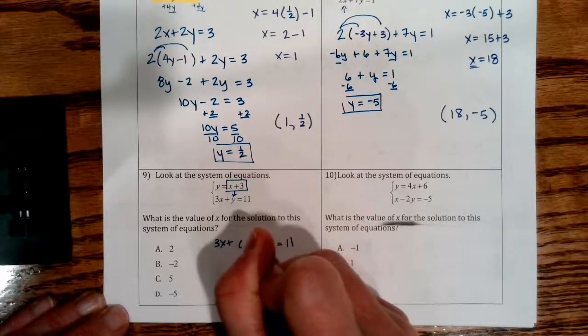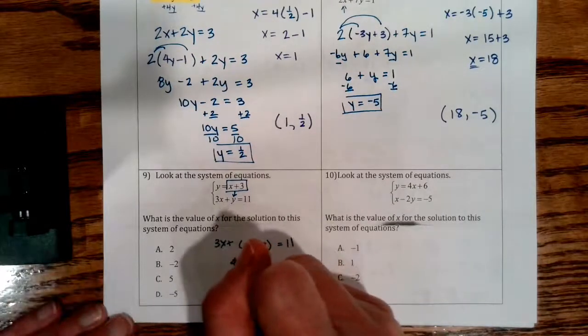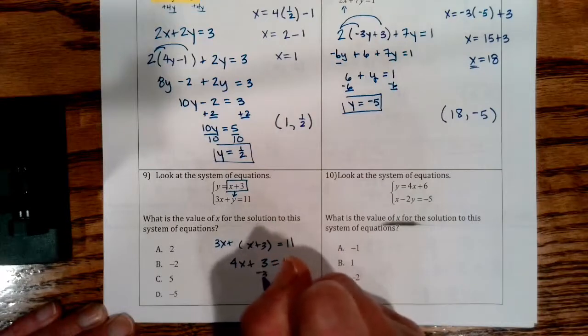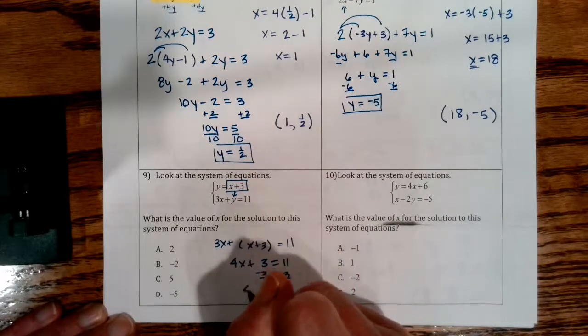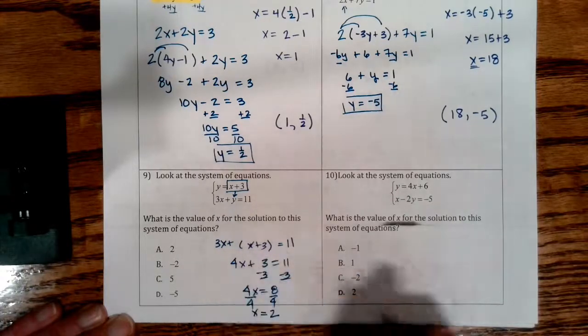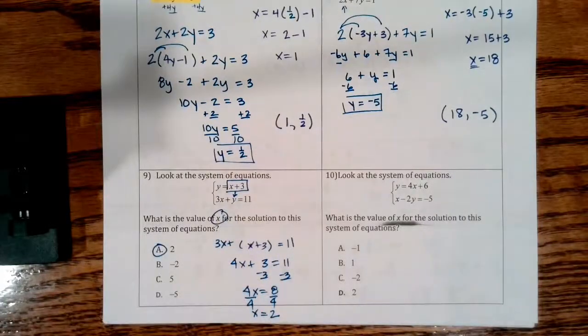X plus 3. That's going to give me 4x plus 3 is equal to 11. 4x is equal to 8. X is equal to 2. It only asks me to solve for x, so that's all I need to do.